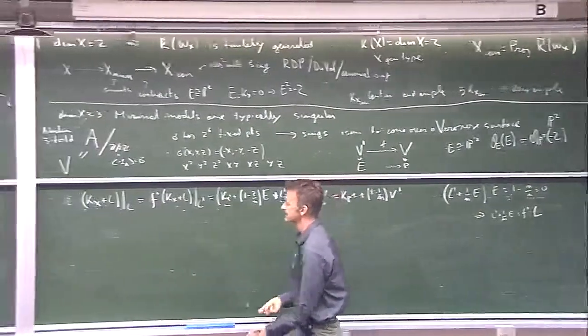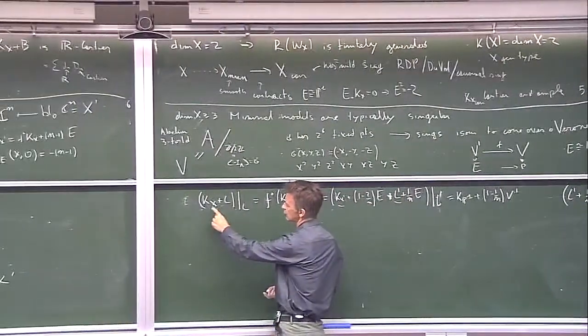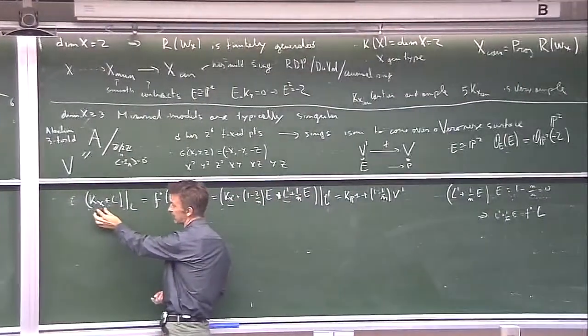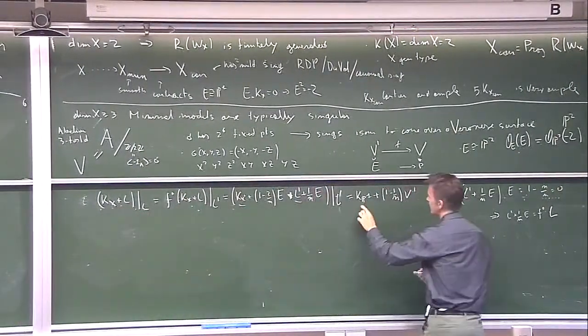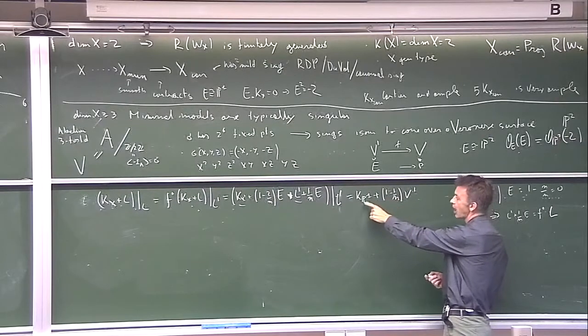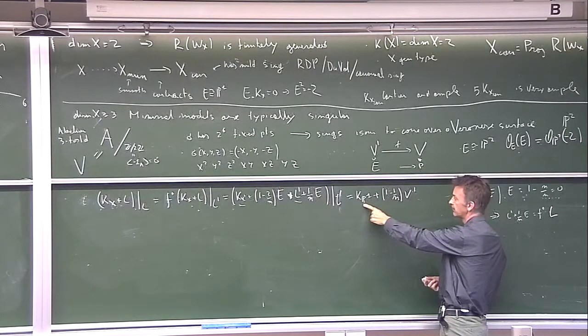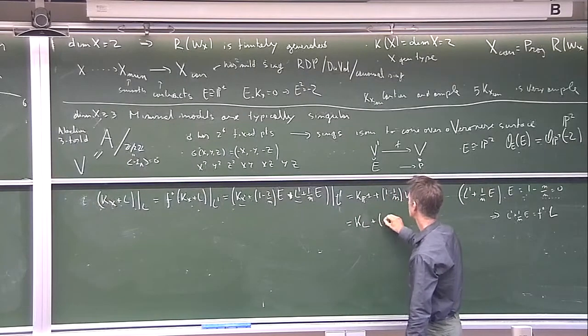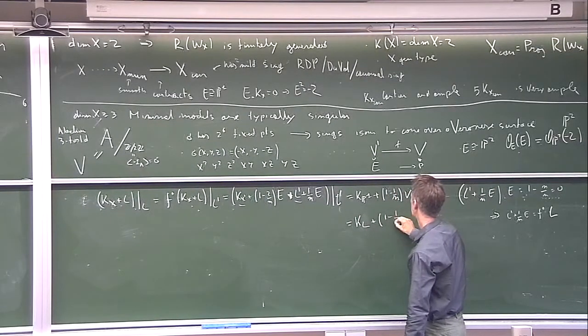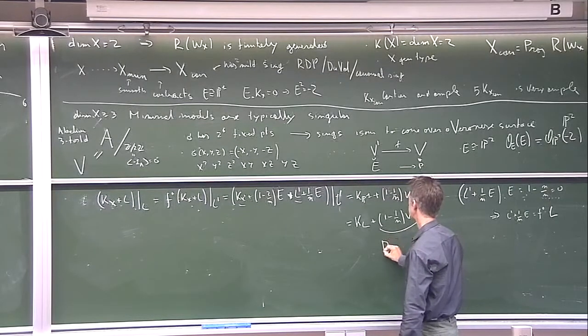So I have my answer. When I do adjunction in the singular case, where the ambient variety is singular, (K_X + L) restricted to L is not going to be K_L. So you can think of this as K_L plus a correction term, (1 minus 1/n) V. This thing here is known as the different.